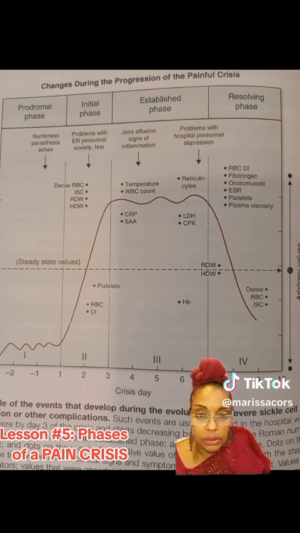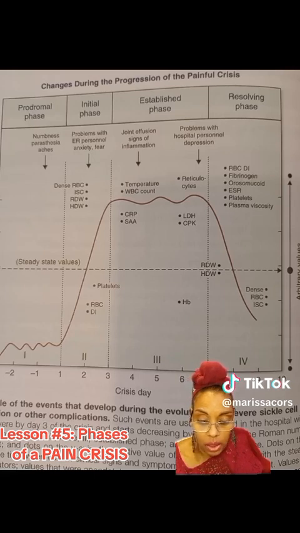Mentally and emotionally, you will experience anxiety and possibly even fear from medical PTSD, just basically from past problems of dealing with ER personnel.